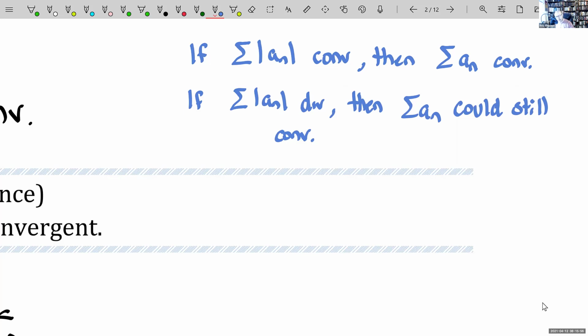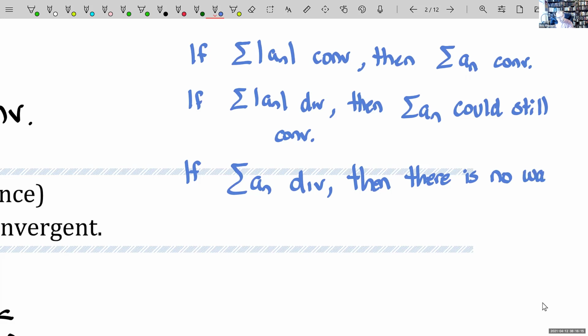If the original series diverges, then there is no way for the absolute value of the series to converge.